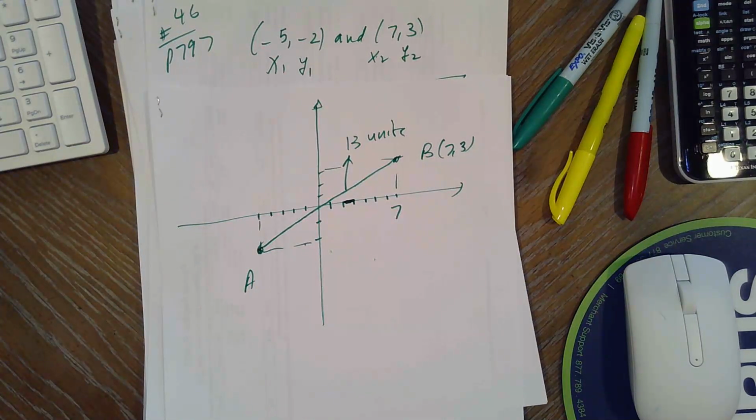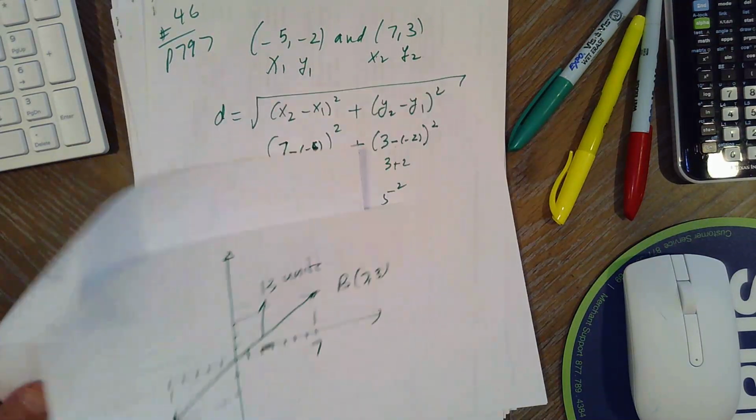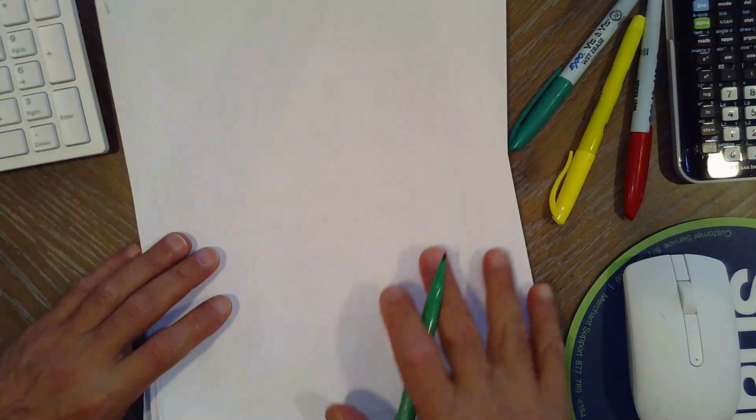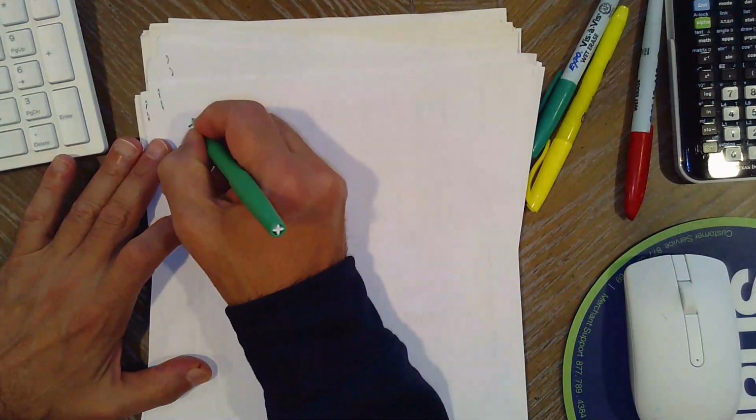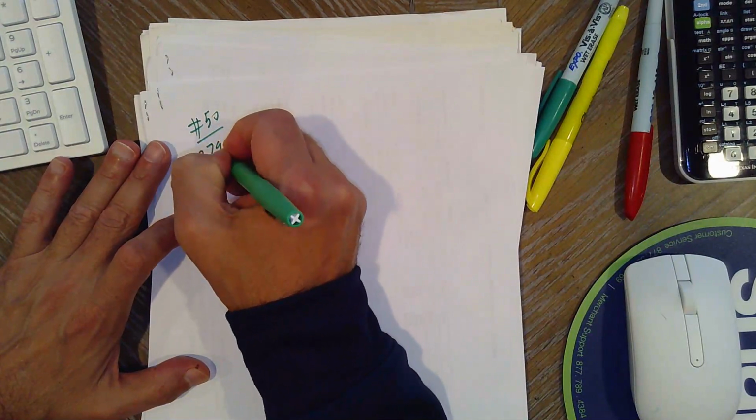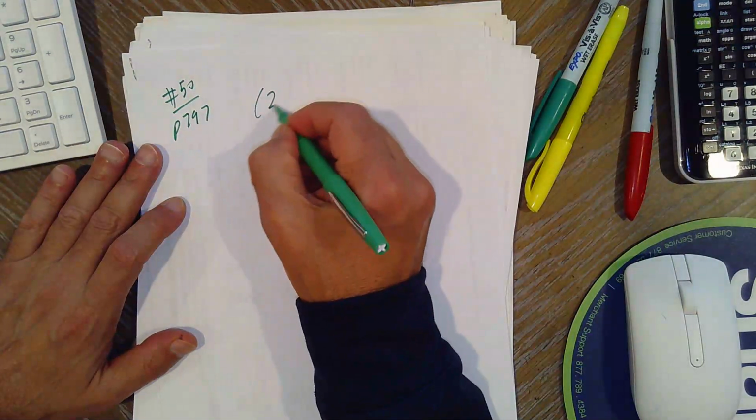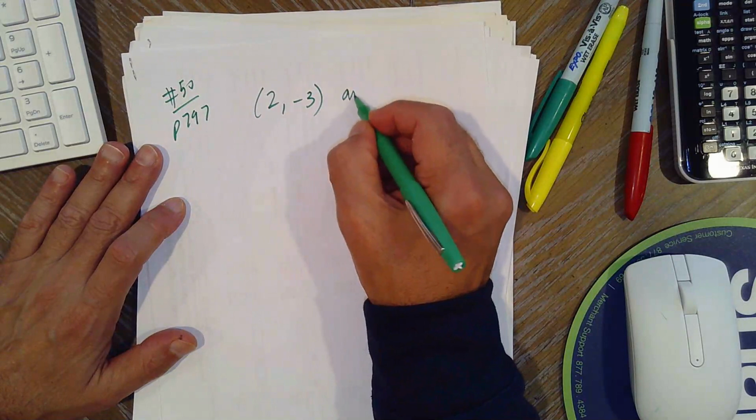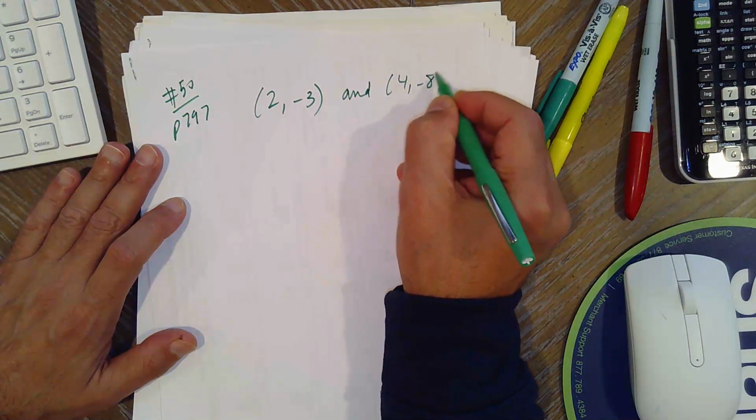Alright, number 50 from page 797. Again, find the distance between 2 different points now, (2, -3) and (4, -8).